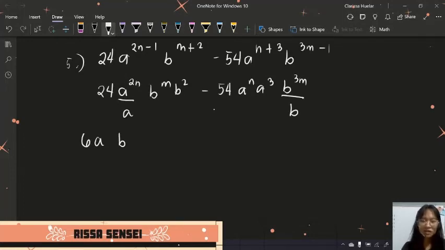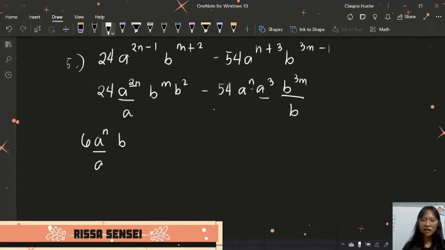I-factor out natin. Kung meron ng may 2n dito, may n dito. So, ibig sabihin, yung mas mababa ang kukuhanin natin. So, fa-factor out natin yung n. May over a dito, tapos may a cube dito. So, ano mas mababa sa kanila? Of course, mas mababa itong nasa denominator ang exponent kasi negative ang exponent yan.